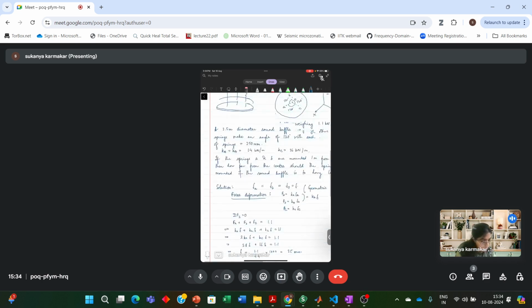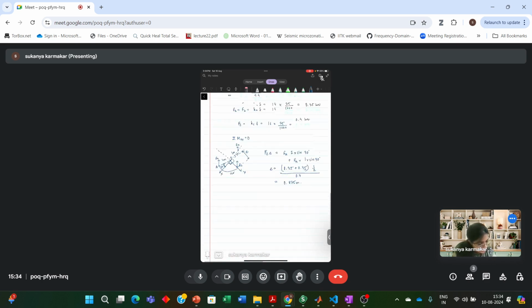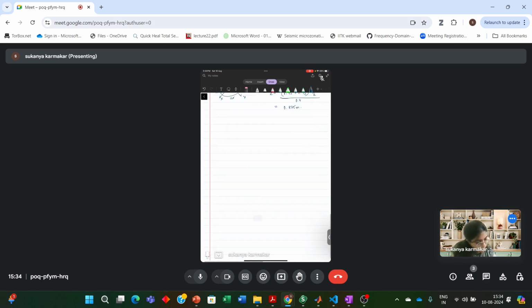So let me first draw down the setup. So this is your question number 2. Let's move to question number 3. So your setup is something like this. This is the first spring K1. This is the second spring K2. And here you have another spring K3. This is the bar AB, which has to remain horizontal.